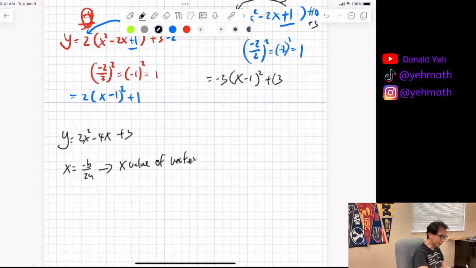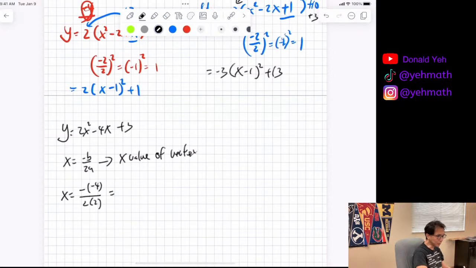If you can find it, guess what? x equals negative 4 over 2 times 2. Now, unlike last time, where it was the middle divided by 2 squared, this one's negative b over 2a, the part in front of the quadratic formula. So it's going to be 4 over 4. That's equal to 1. Just like what we found before, it's 1.